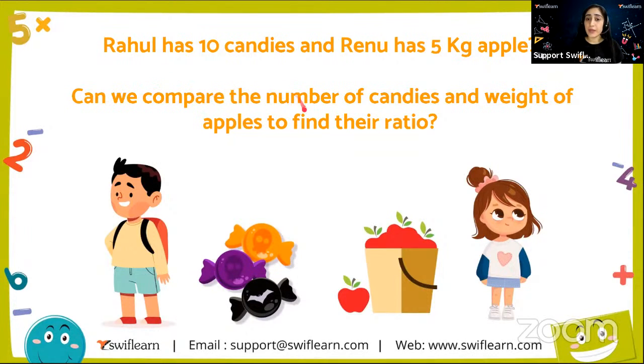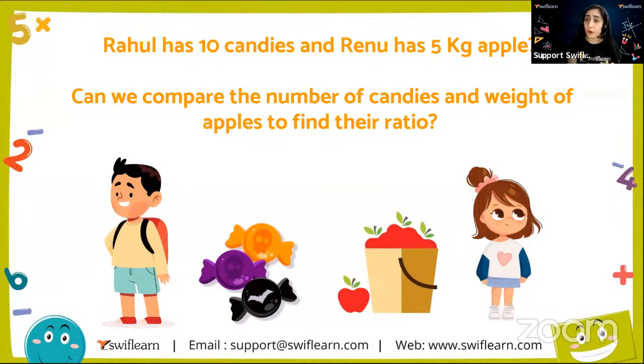Can we compare the number of candies and the weight of apples to find their ratio? At one place, I have the number of candies, whereas with the other, I have the weight of apples. So can I compare these two things?